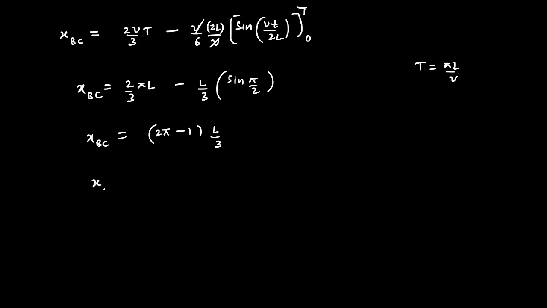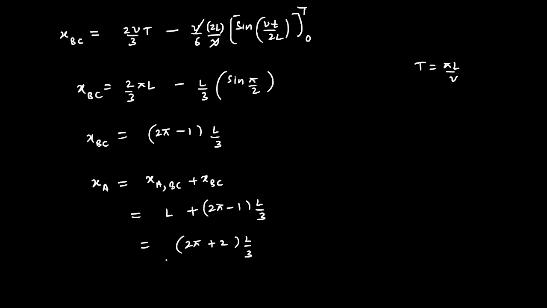But we need the displacement of A with respect to the ground frame, which is the displacement of A with respect to BC plus the displacement of BC. So the displacement of A with respect to BC is L, plus (2 pi minus 1) times L by 3. We can simplify this and get (2 pi plus 2) times L by 3, which is the displacement of A with respect to the ground frame.